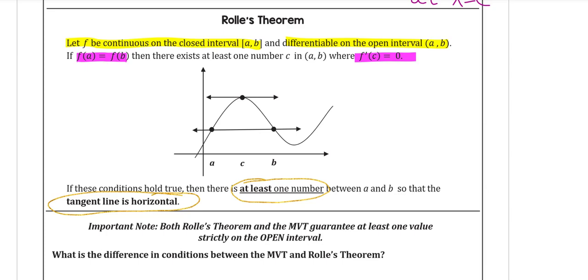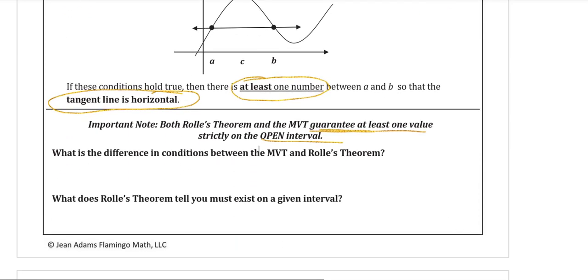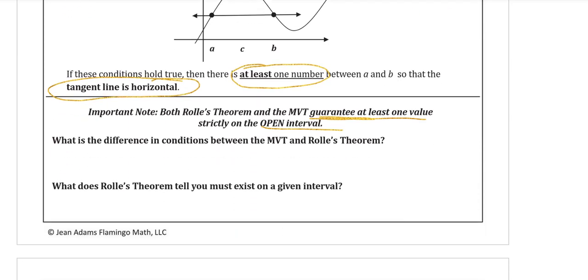So a little note here, both Rolle's theorem and the MVT guarantee at least one value on the open interval. Now again, they're existence theorems. They don't exactly tell you what the point is. There are ways to find them, and we'll get into that as we go through this unit. Now, what are the differences between the two, just to summarize them?